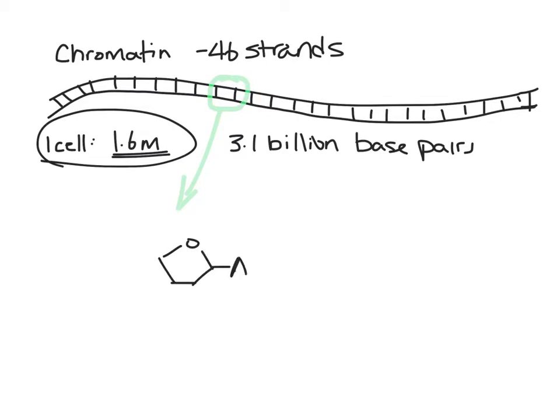And let's say the one side is A, and then you'd have a phosphate group on that side. On this side, there are hydrogen bonds between them, and you would get a T over here.